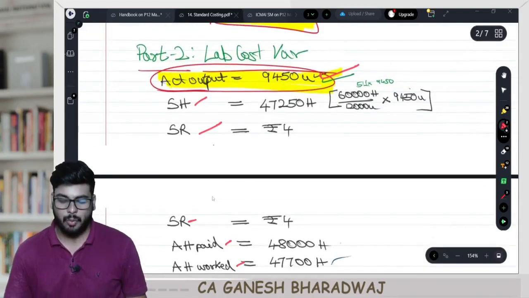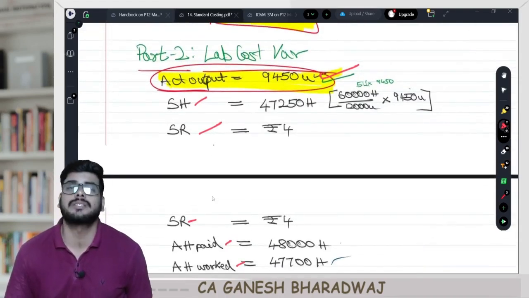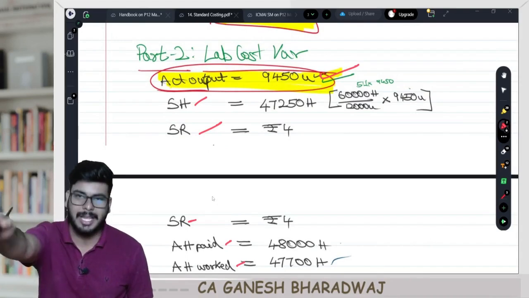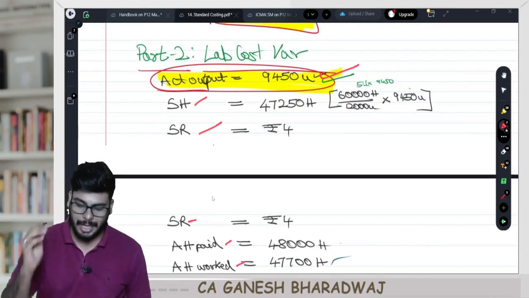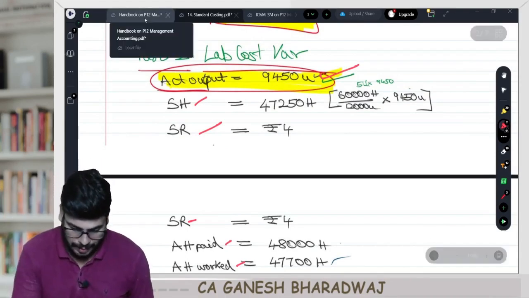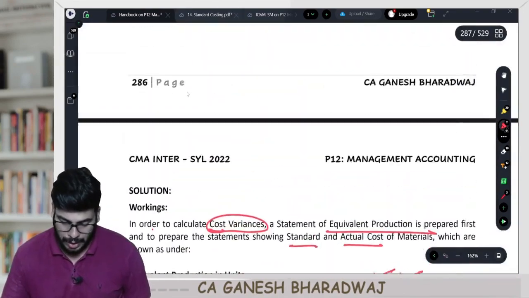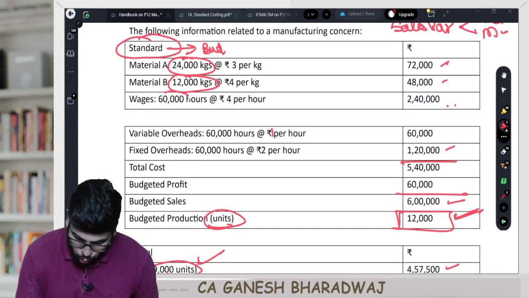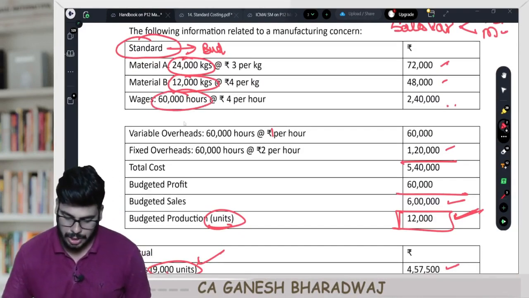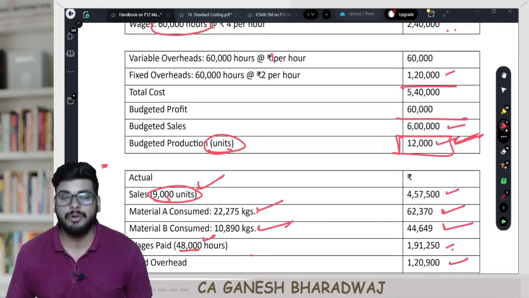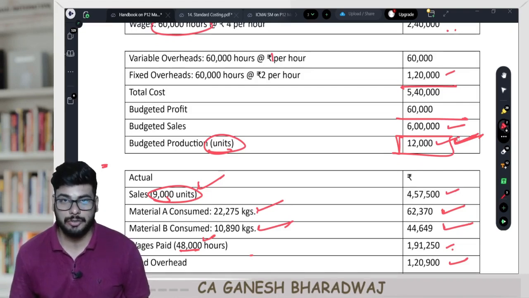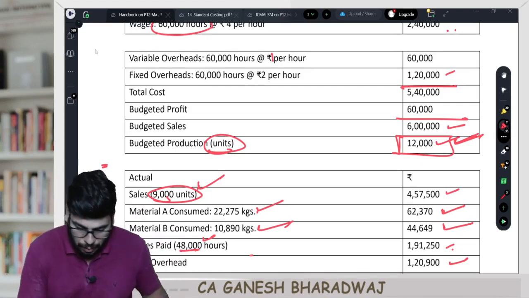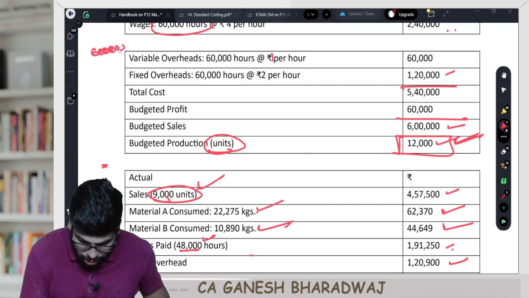Now guys, what is going to be the standard hours? What do you mean by standard hours? For me to get the actual output, how many hours I should have spent? Look at the question. They have given the budgeted data. You are allowed to take 60,000 hours to get an output of 12,000 units.